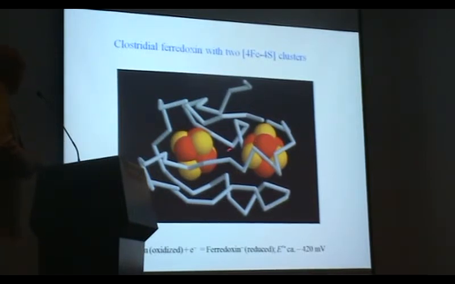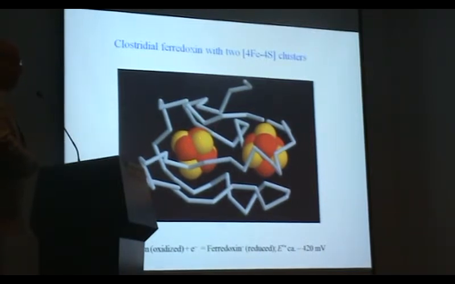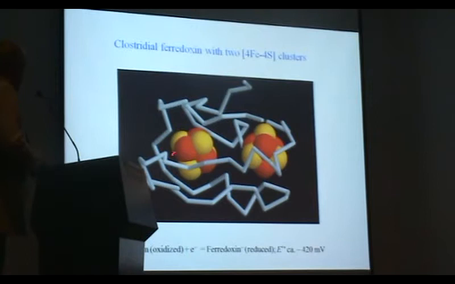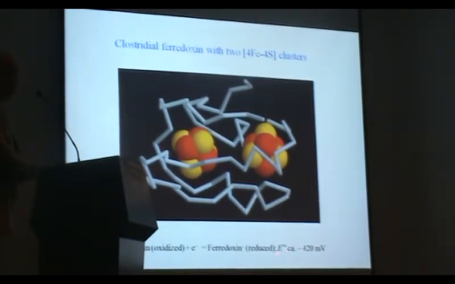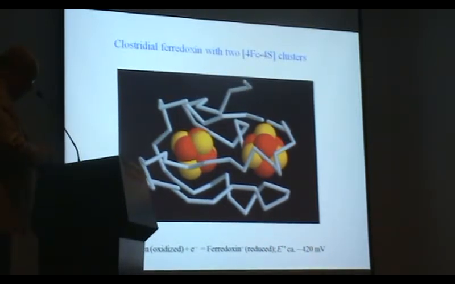They take up one electron. We have such an unpaired electron, which is very sensitive to oxygen, and so this ferredoxin cannot exist under air for a long time. It has an extremely negative redox potential of about minus 420 millivolts.